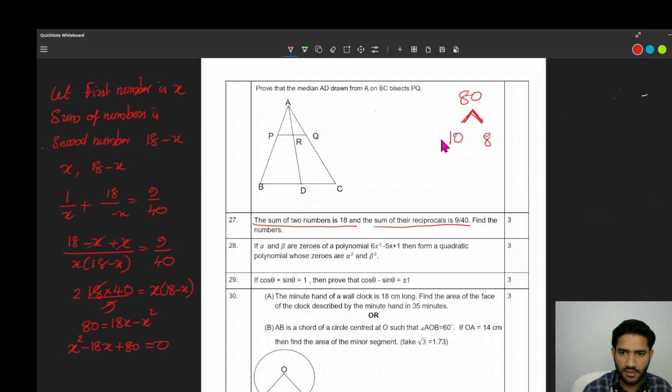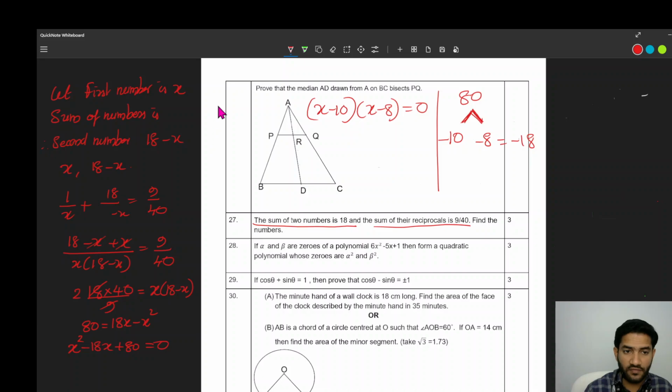Because if we multiply minus 10 and minus 8, it will be plus 80, and if you add these two, we'll get minus 18. So we can factorize this polynomial as x minus 10 into x minus 8 equal to 0.